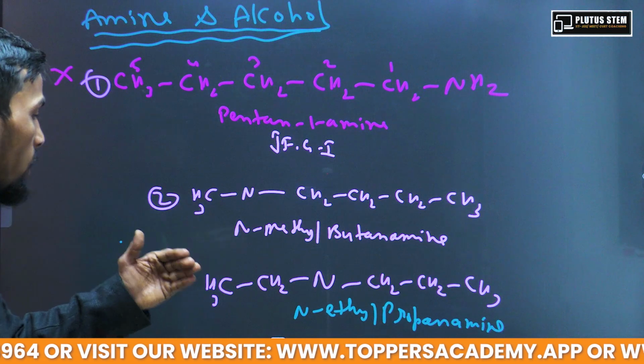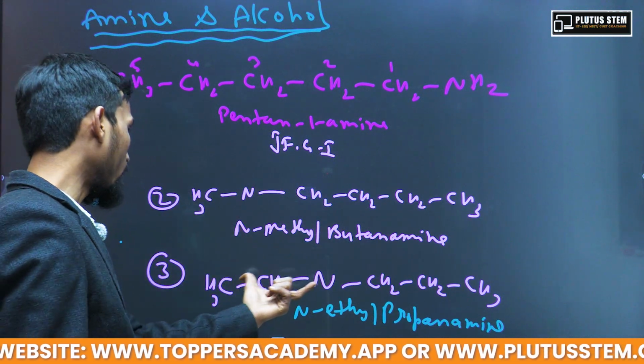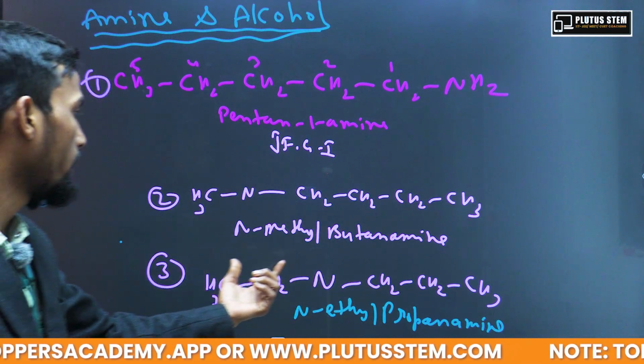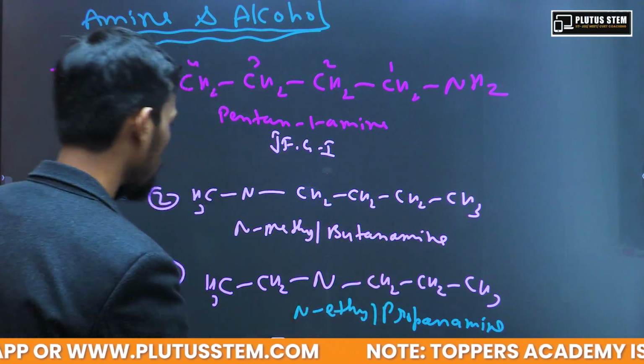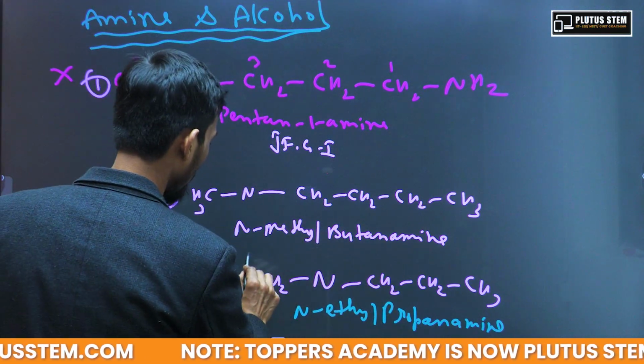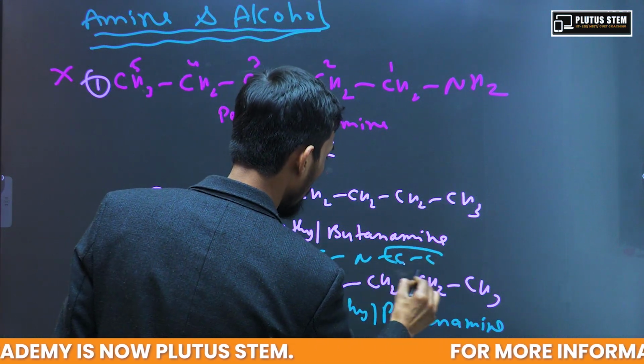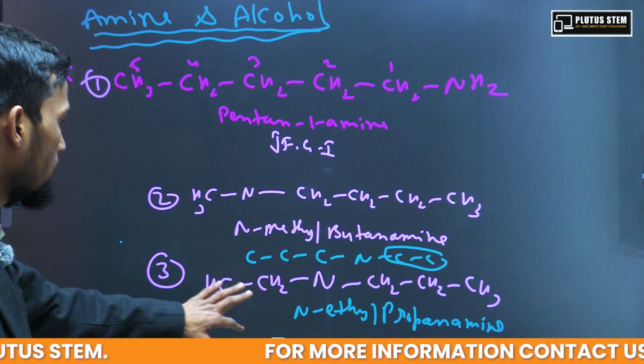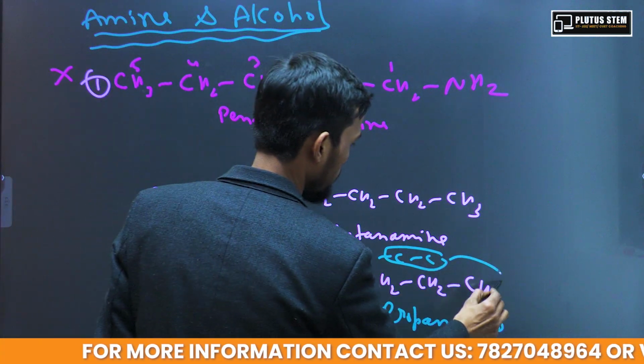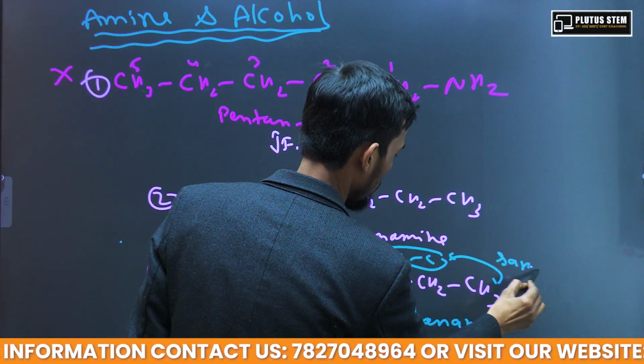Can we have some more possibilities? If we are trying to draw propane over here, it will become ethane like this. I will just show you. If we try to draw this, only two members will be remaining, so this one and this one are the same. Clear?